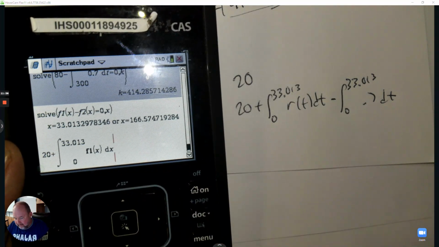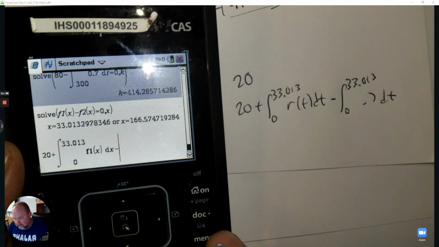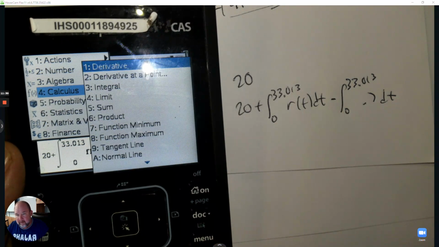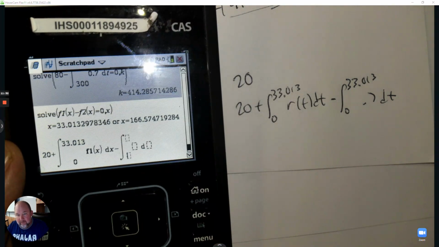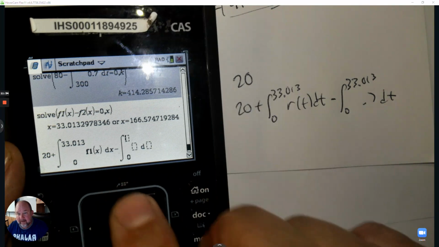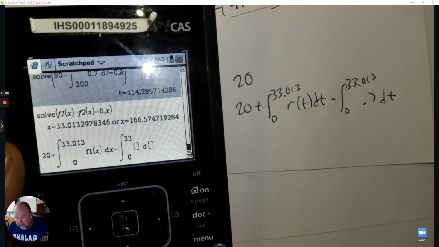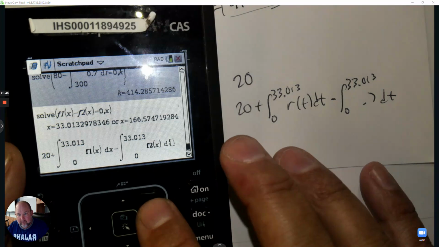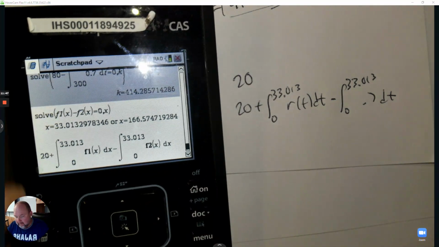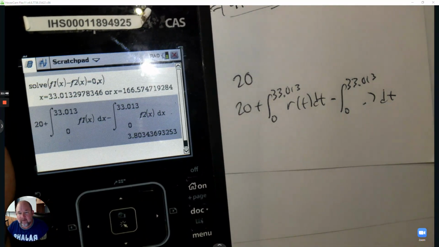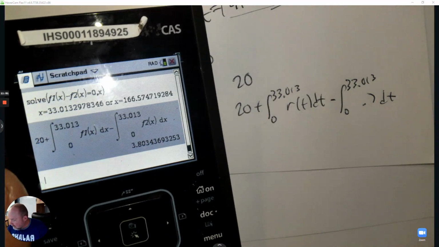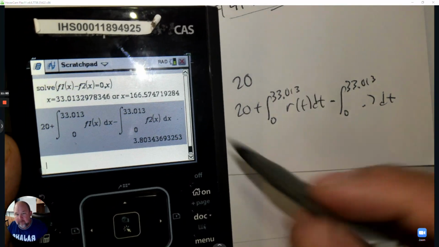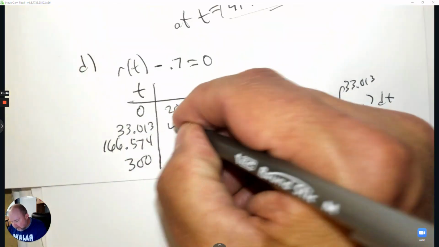And then subtract, we're going to integrate, menu, calculus, integrate from 0 to 33. And again, once I have this set up, I'm just going to change that 33 number. The second one, which is F2 at X. And then see what the answer is. And if you round it to the nearest whole number, this rounds to 4. So now we have 4.